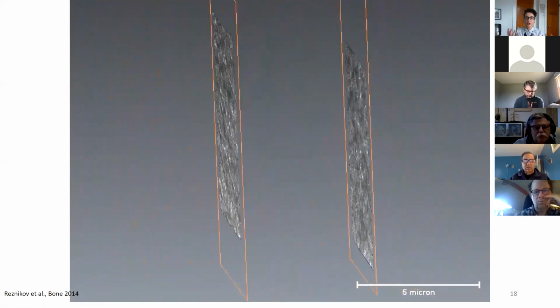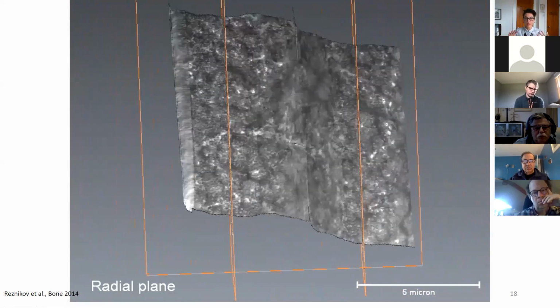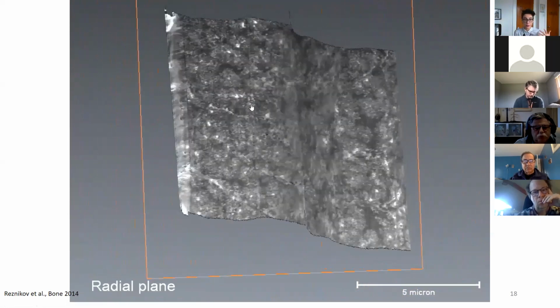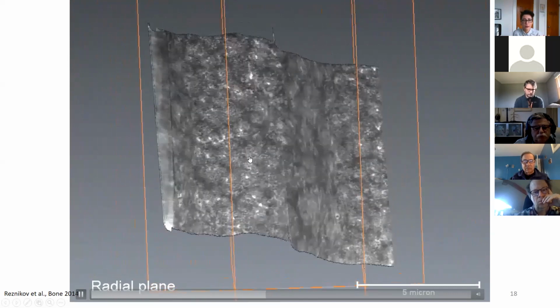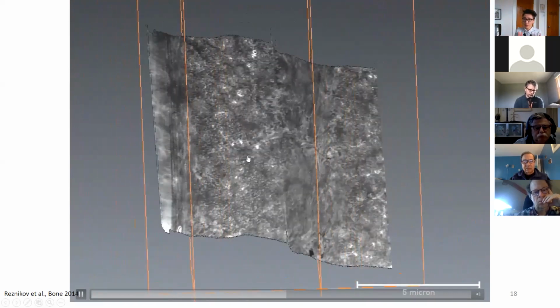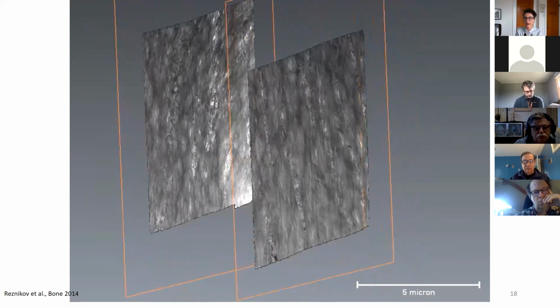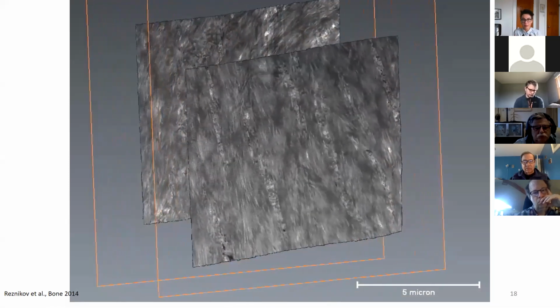Now, because it's a true 3-dimensional image, we can tilt it and look from the other projection, and then we see that the horizontal fibrils form sort of cylindrical bundles that are organized into a monolayer about 2 or 3 microns thick.